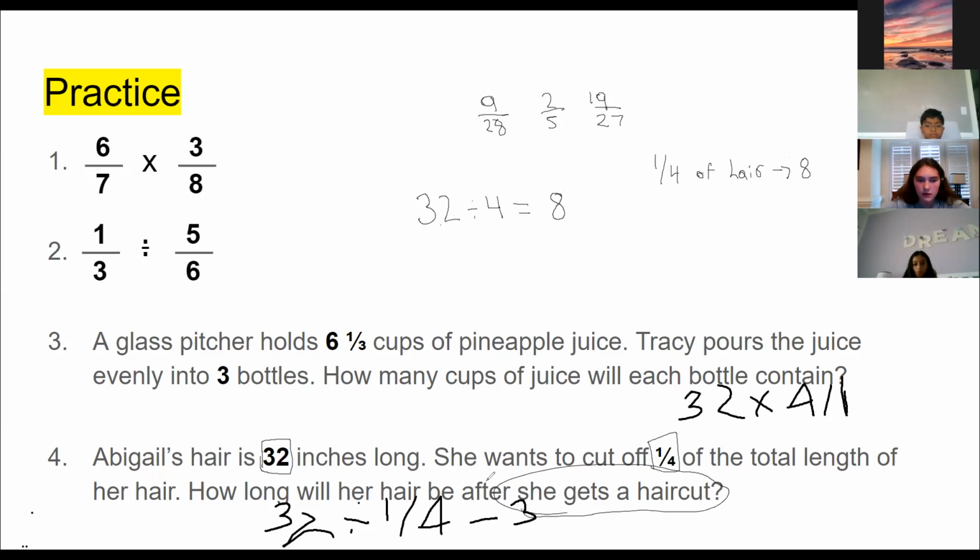So what we have to do is subtract from her hair before the haircut, 32 minus 8, right? And what will that give us?